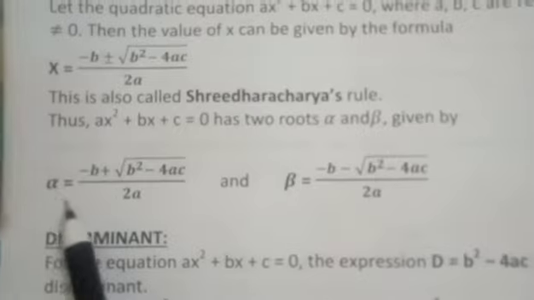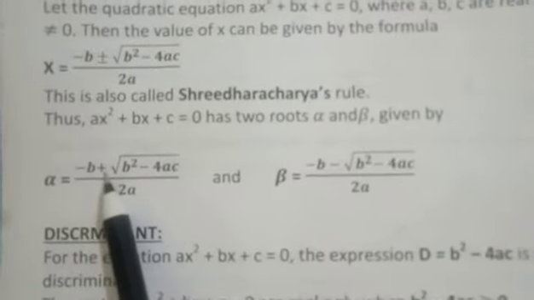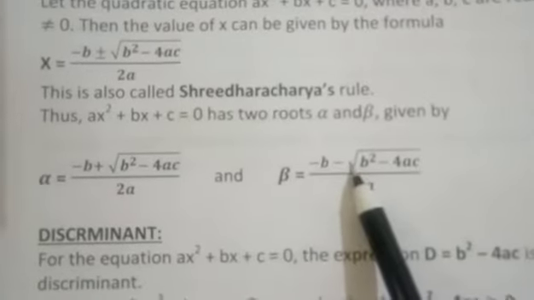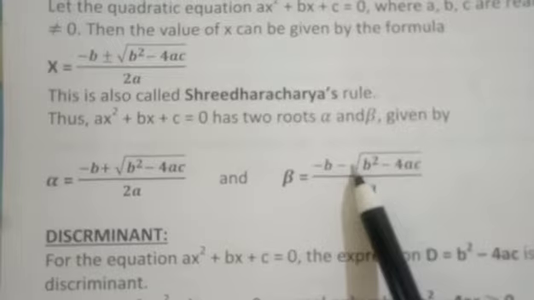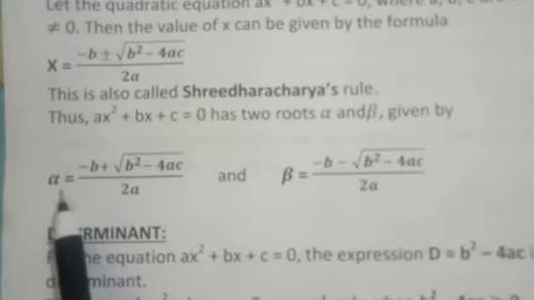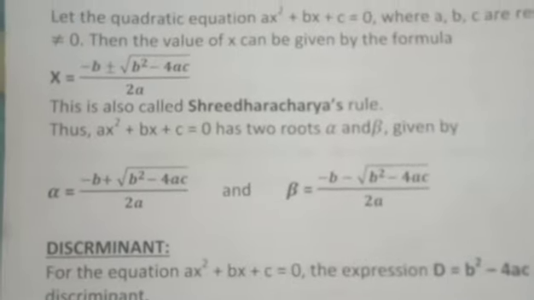Now here I have taken alpha for the positive value of the square root and beta for the negative value of the square root, but we can go for the reverse also. You can take beta for the positive value and alpha for the negative value.